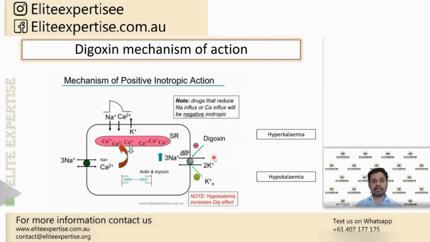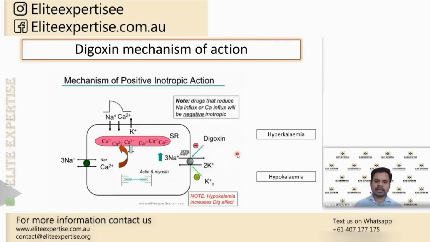But if potassium concentration is higher, as in hyperkalemia, potassium will fight with digoxin, and since potassium levels are higher, potassium will win. It will bind with the pump, potassium will get influxed and sodium will come out. So in hyperkalemia, the digoxin's therapeutic effect will decrease.